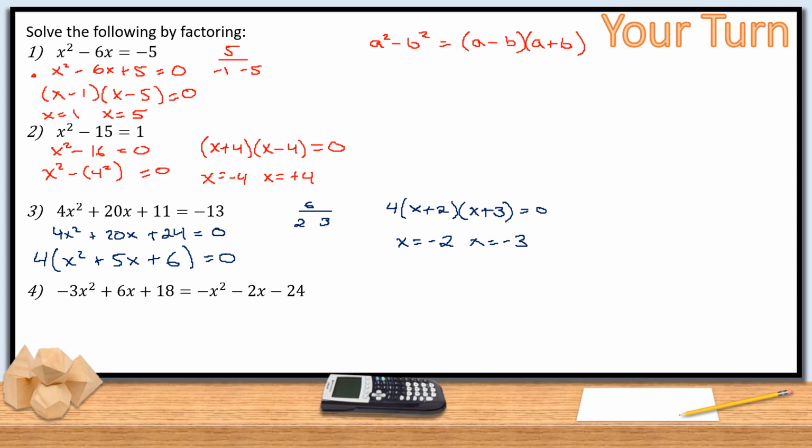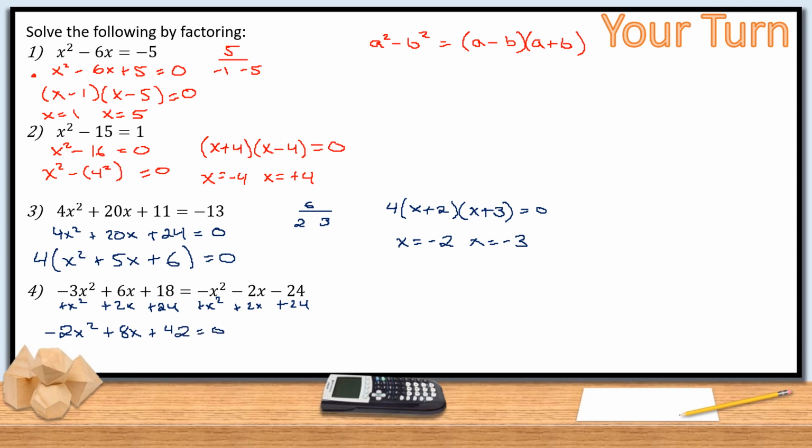Last one. Let's get everything on one side. So I'm just going to add x squared to both sides. I'm going to add 2x, and I'm going to add 24. So plus x squared plus 2x plus 24. So I get minus 2x squared plus 8x plus, so that would be 42 equals 0.